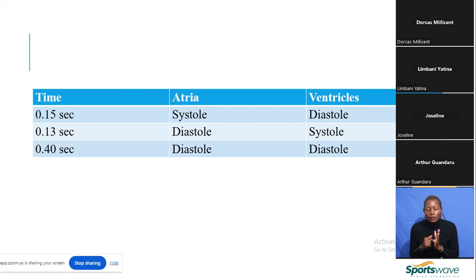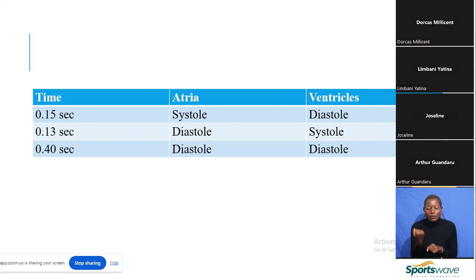Then when the atria relax and the ventricles contract, 0.13 seconds. And then there's a situation where both the atria and the ventricles are relaxed, and that takes about 0.4 seconds. It's a very interesting phenomenon, the way this heart operates.